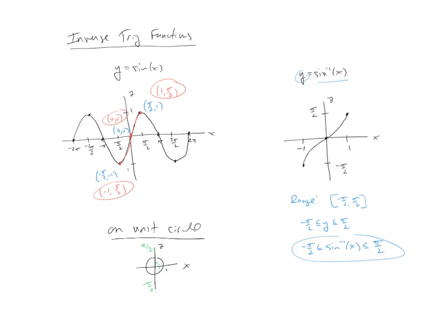That direction and that direction, which means that on the unit circle, inverse sine can only exist in quadrant 1 and quadrant 4. Those are the only places that when we draw our triangles we're ever going to be able to get an answer for inverse sine of x.